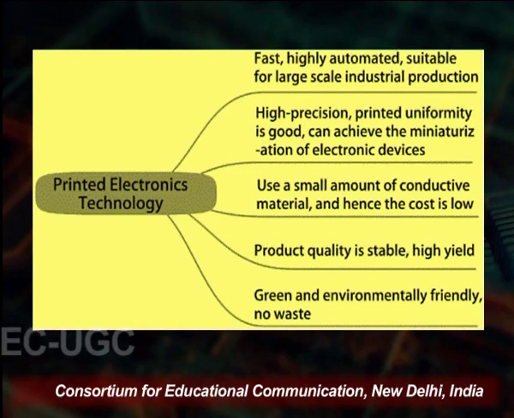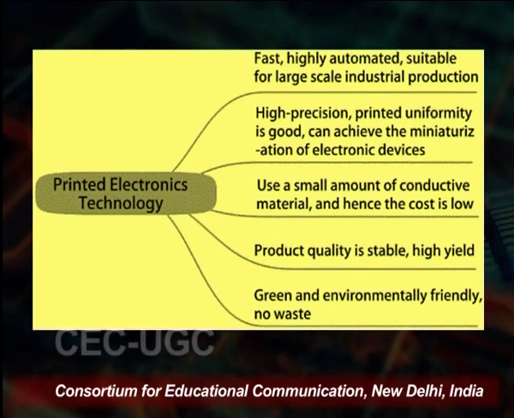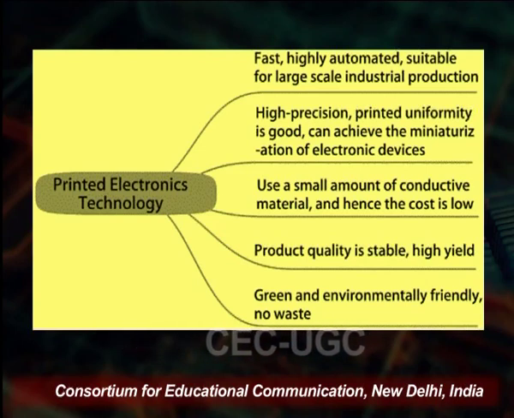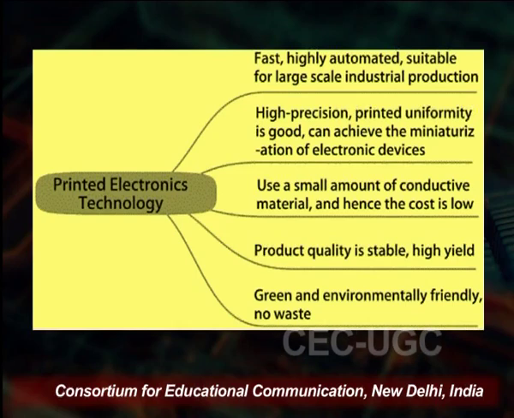It uses a small amount of conductive material, and hence the cost is very low. The product quality is stable, with high yield, and moreover it is green and environmentally friendly, creating no waste and not harming the environment. So these are the main features, and we are inspired to work on printed electronic technology.